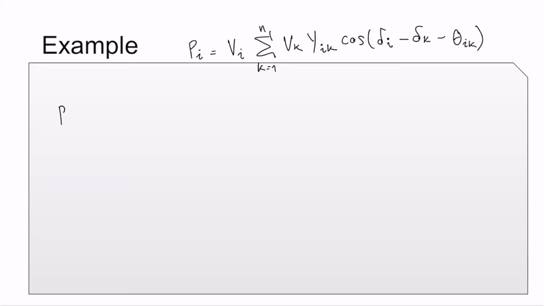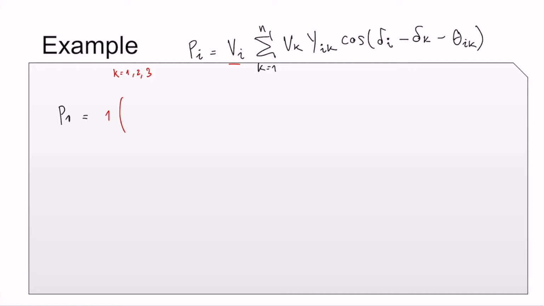So let's start for node 1. The active power in 1 is equal to voltage in 1, which is always 1, times the summation of, well, k can go, in this case, from 1, 2, and 3.